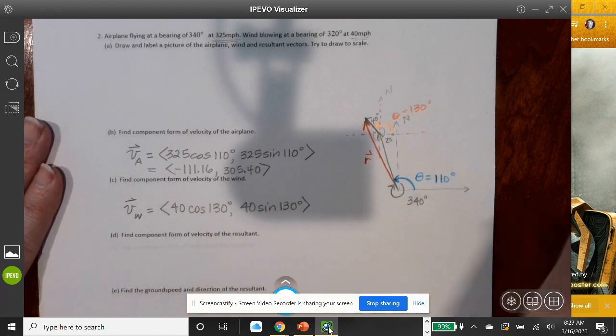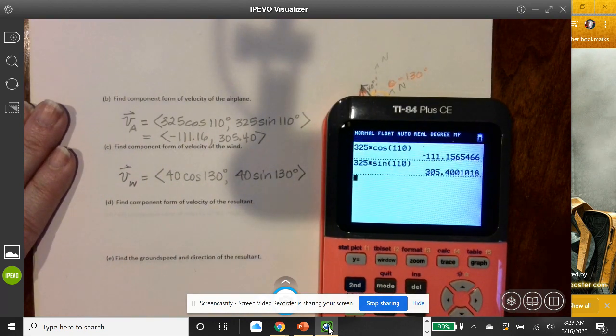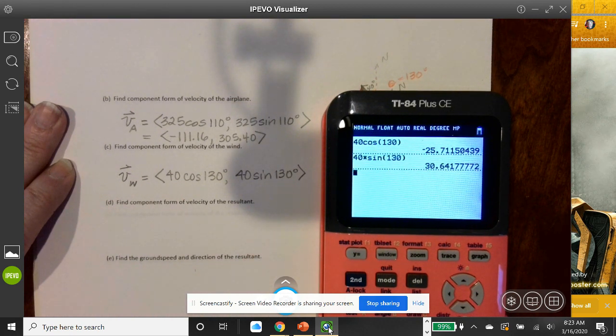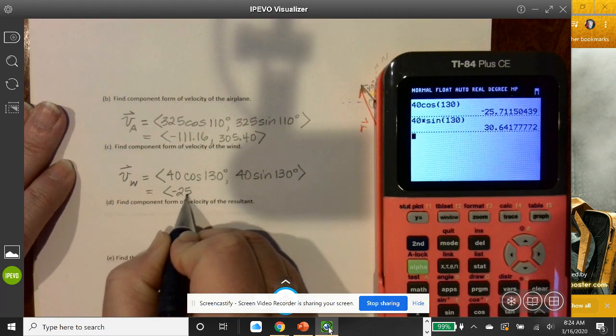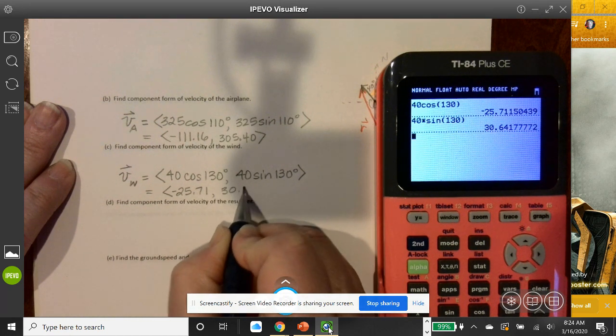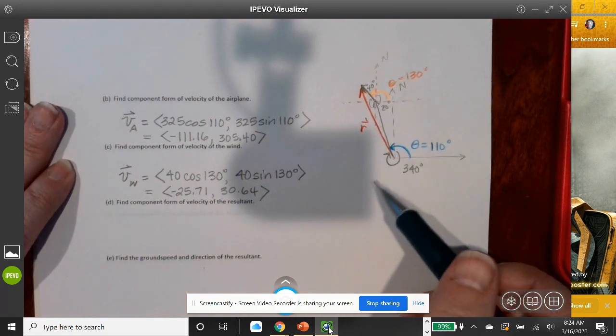Let's put that in here. That's 40 times the cosine of 130, 40 times the sine of 130, and we get negative 25.71, 30.64.